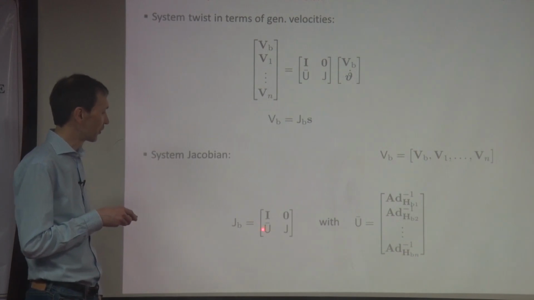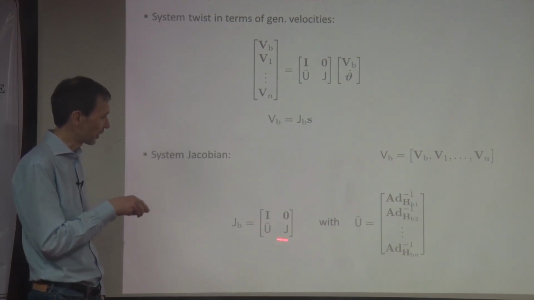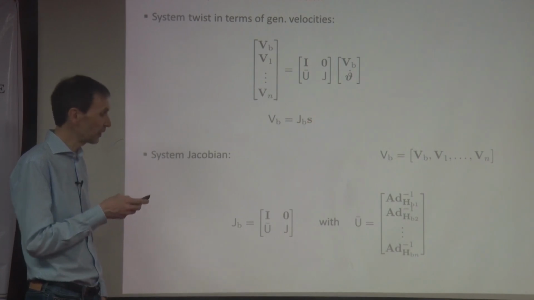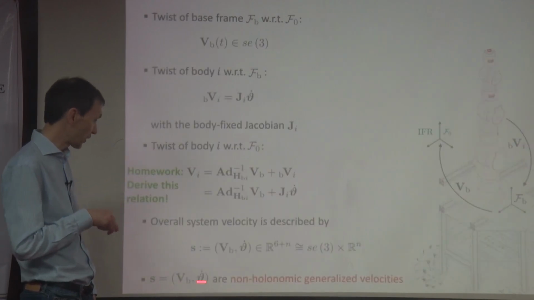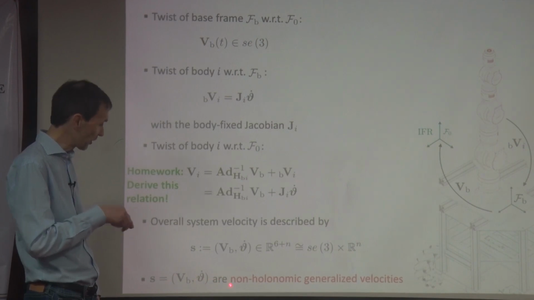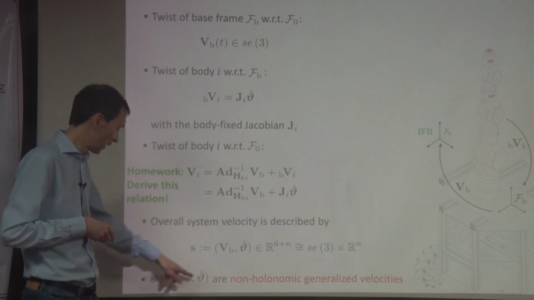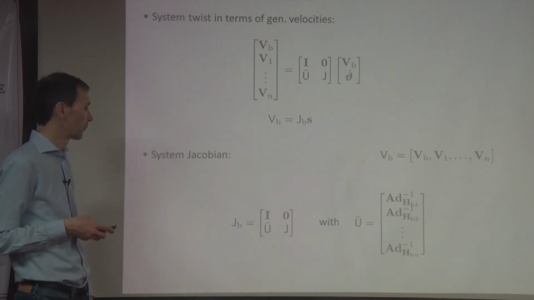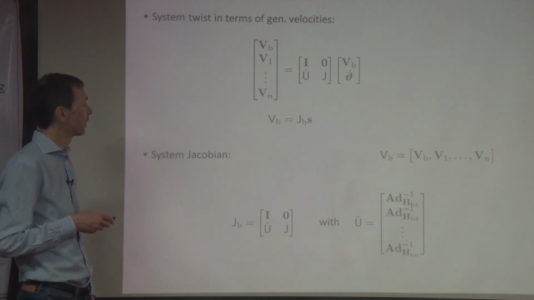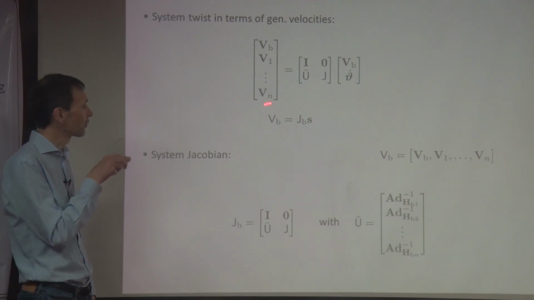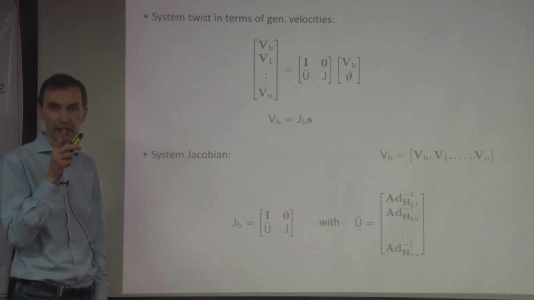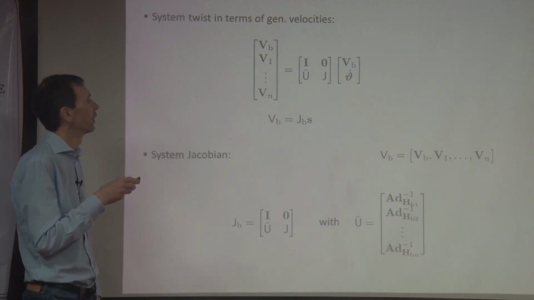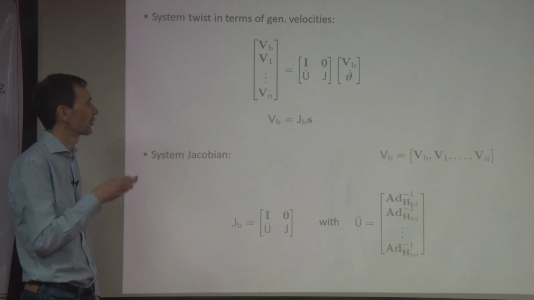And then essentially we have again a kind of Jacobian that you multiply with the generalized speed, because we said that our generalized velocities or generalized speeds are, again, theta dot and Vb, and that's the compact form for writing the system twist, now comprising 7n twists, 7n components, in terms of the generalized velocities. Okay.